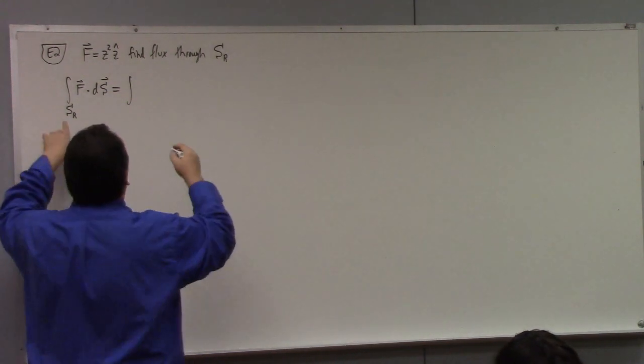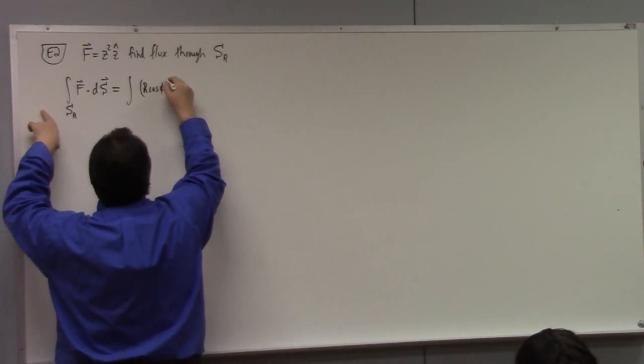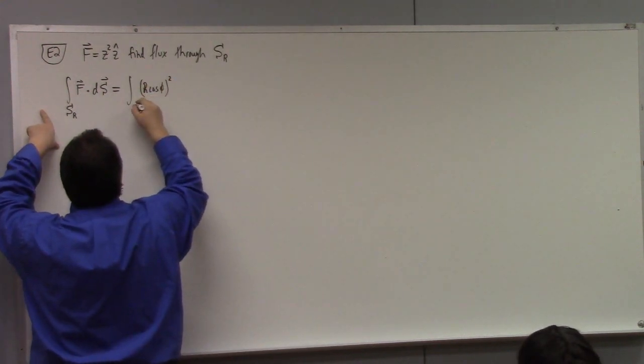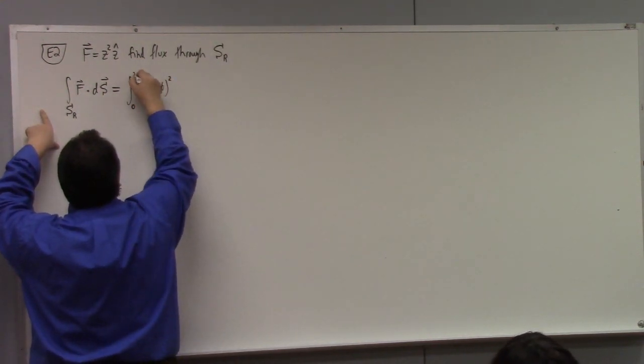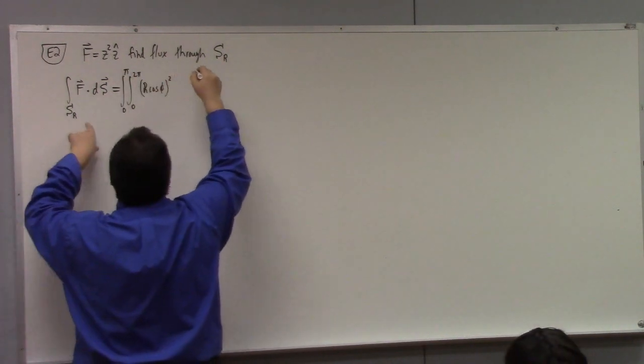So I put an r cosine phi in here, square that, and integrate from 0 to 2 pi and 0 to pi, a full sweep for the spherical angles.